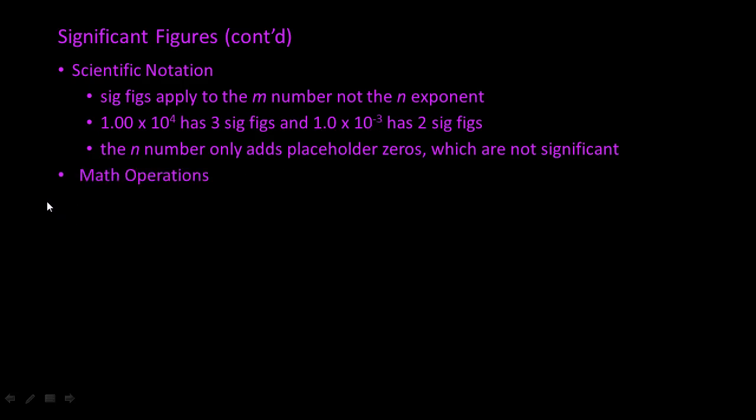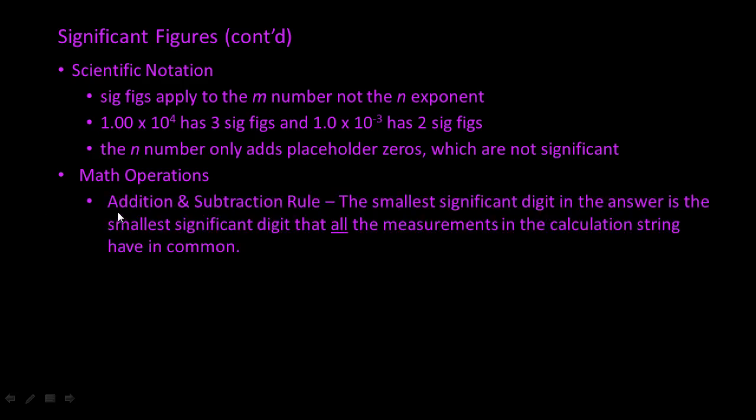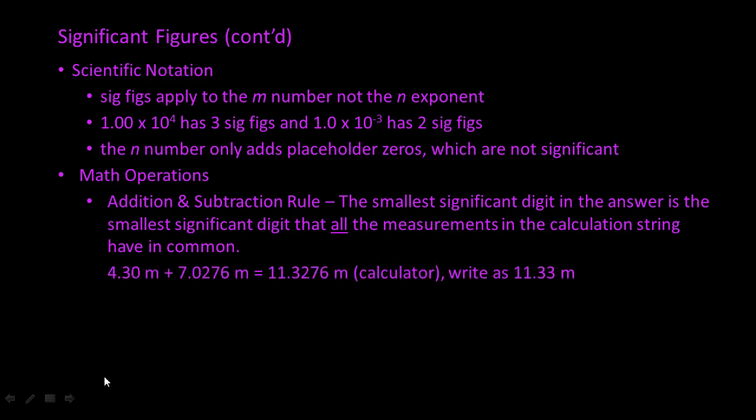Now let's talk about how we do math operations with significant figures, because here we have to remember the answer to an equation or math problem can be no more accurate than the least accurate measurement. So here are the rules for addition and subtraction. The smallest significant digit in the answer is the smallest significant digit that all the measurements in the calculation string have in common. Well, what do I mean by that?